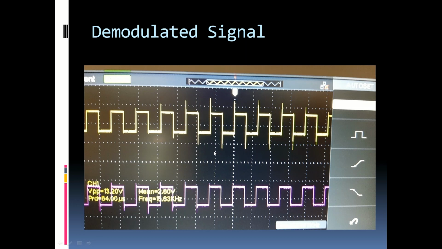The two signals are completely in correspondence with each other, so data is faithfully detected or demodulated with the peak detector circuit that we have. You can also observe the frequency, which is approximately 16 kilohertz, the same as the original data signal.